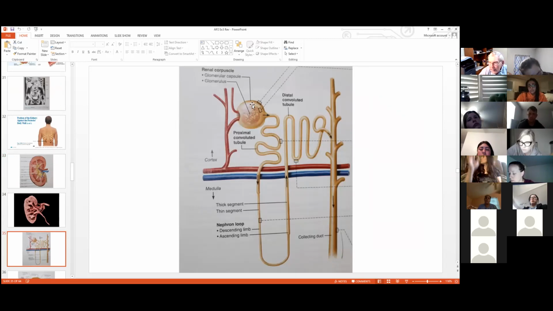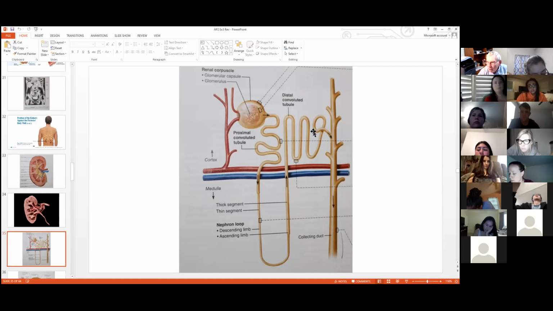So urine begins right here. The nephron is the first step in concept H, where we're talking about the pathway for urine throughout all the layers of the kidney.